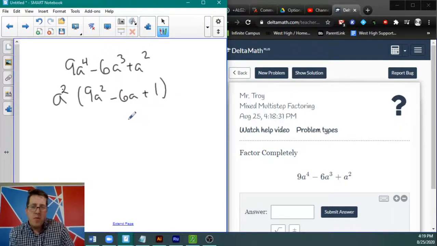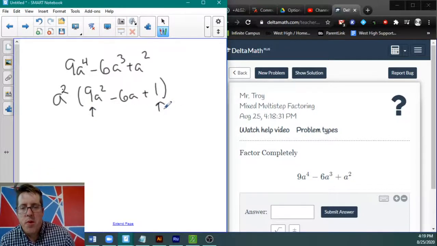Okay, so remember, to see if something was a perfect square trinomial, we want to look at this term and that term if they are both perfect squares. 9 is a perfect square, 1 is a perfect square. So my guess is that this is going to factor to 3a minus 1 times 3a minus 1.